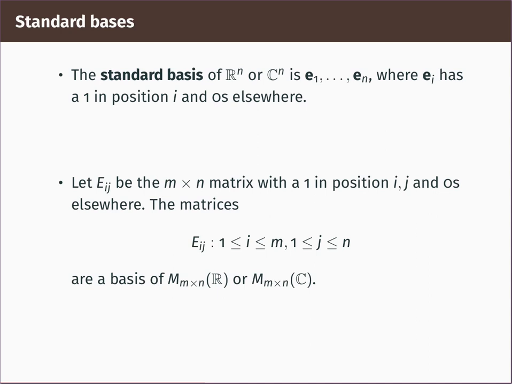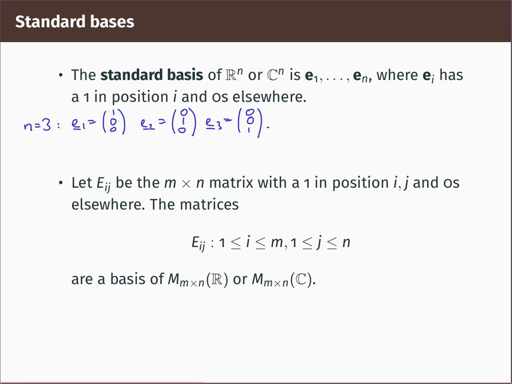Let's look at what that would look like in the case n equals 3. Then you would have e1 being (1, 0, 0), e2 being (0, 1, 0), and e3 being (0, 0, 1). This is a basis we've seen before in the n equals 2 case on the previous slide.